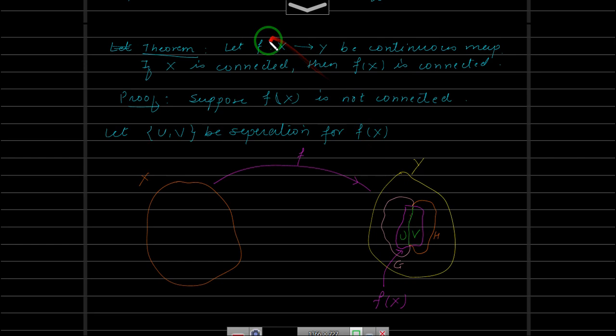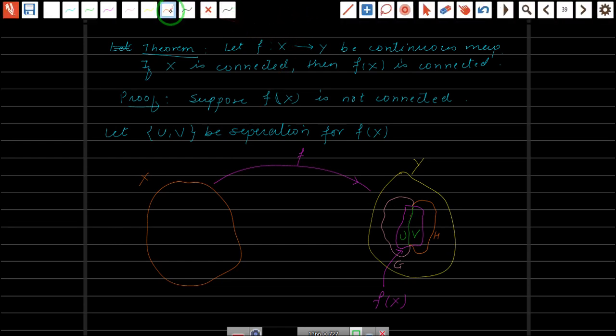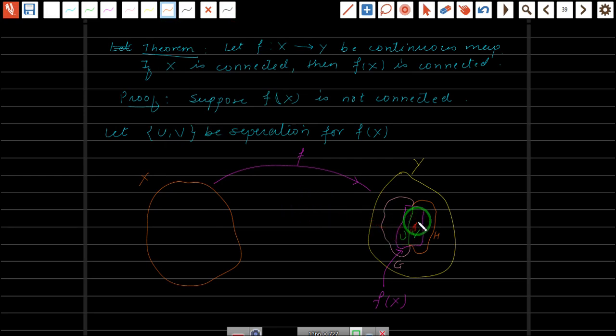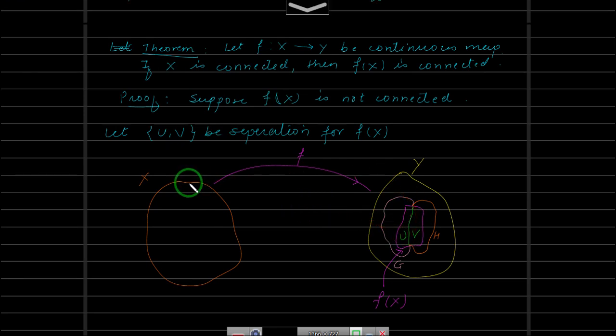To use the hypothesis, we have that f is a continuous function. Now G and H are open in Y, that means the inverse image of an open set should be open in X. So let us take that inverse image. The inverse image of H will be something like this here.